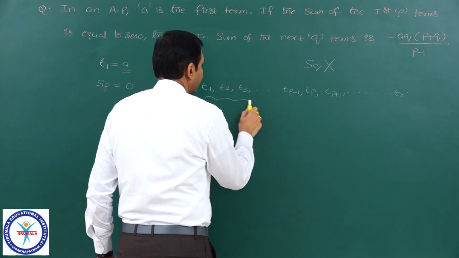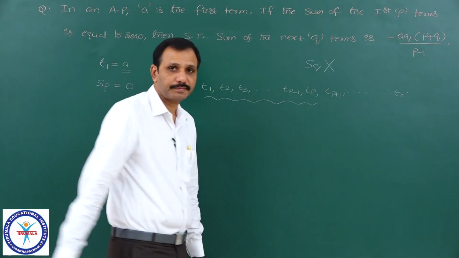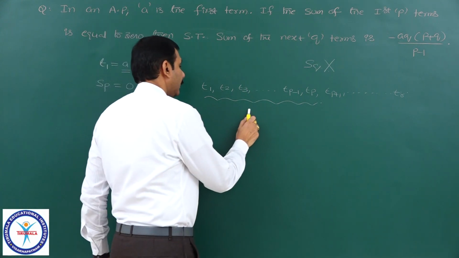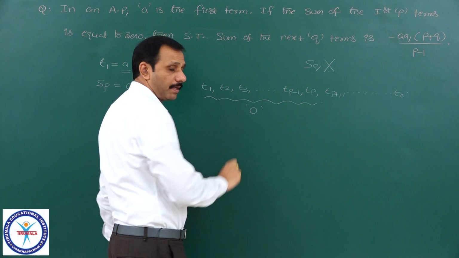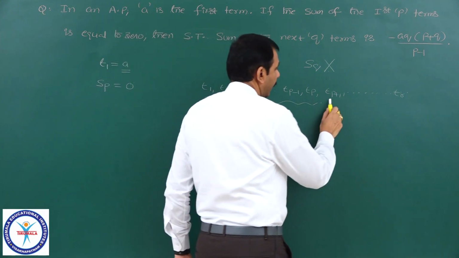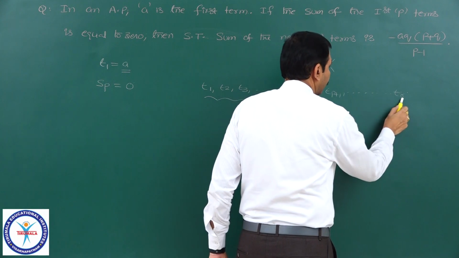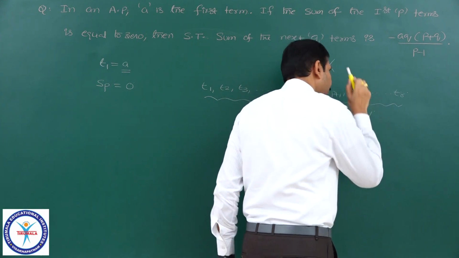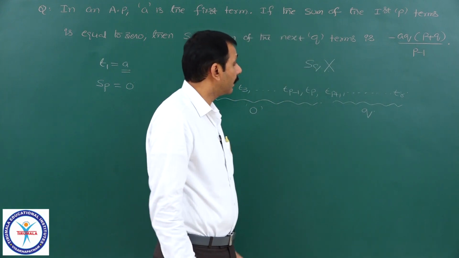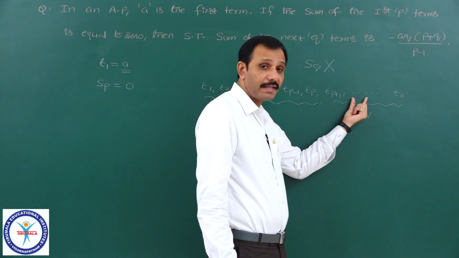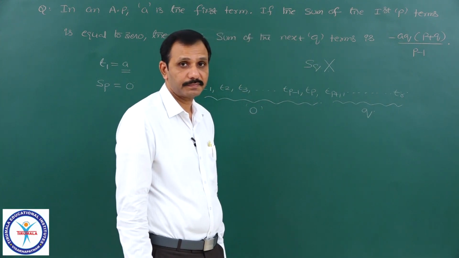These are the first p terms, till here the first p terms, given that this sum is equal to 0. Observe carefully. Suppose I take till here, these are the q terms. Now they are asking us to find the sum of these q terms.